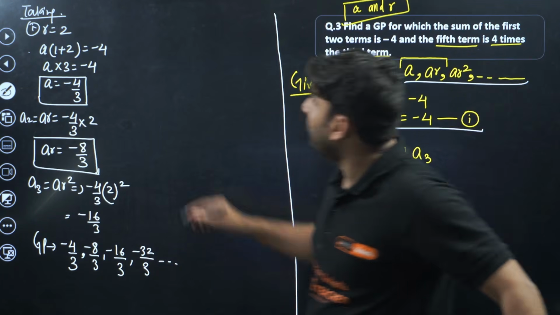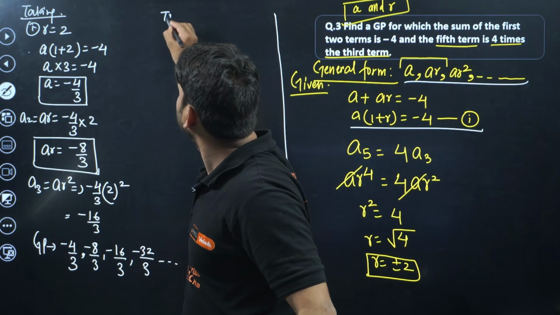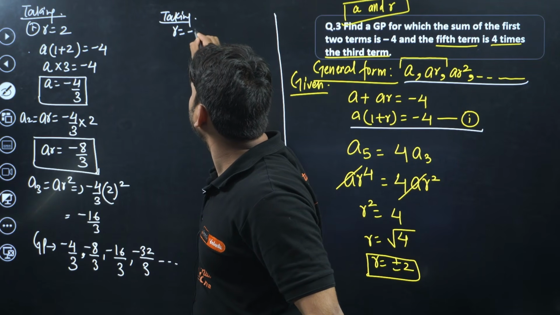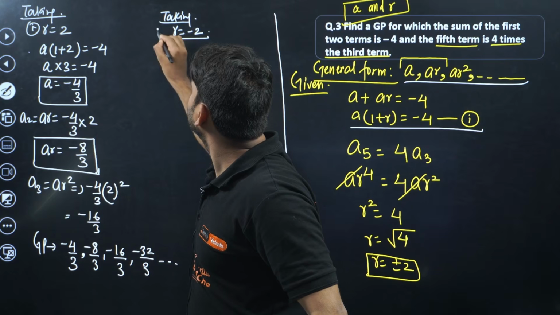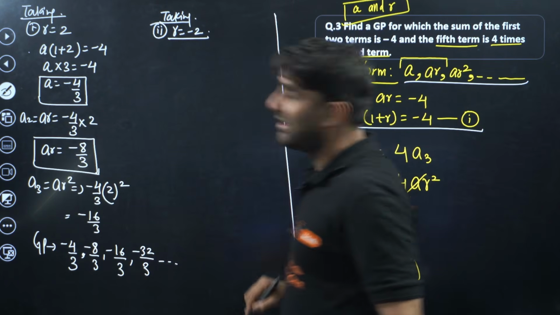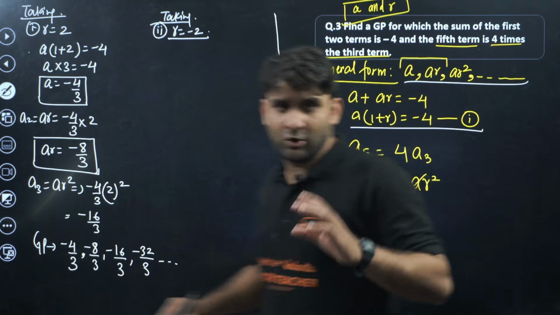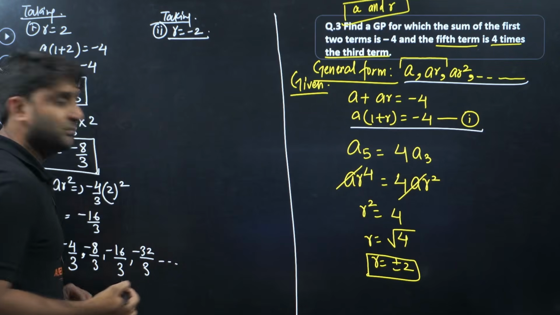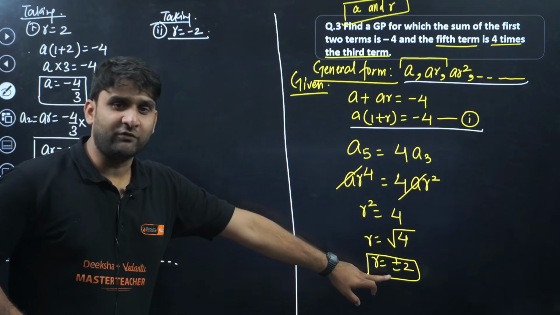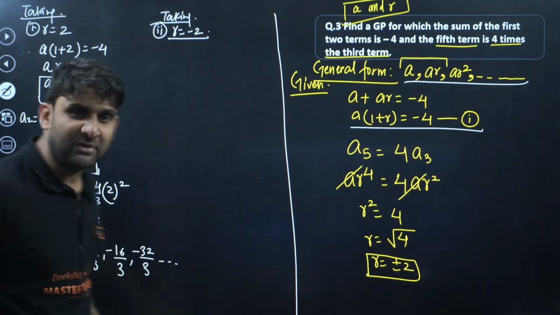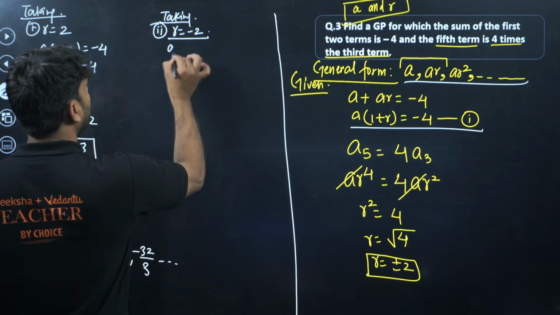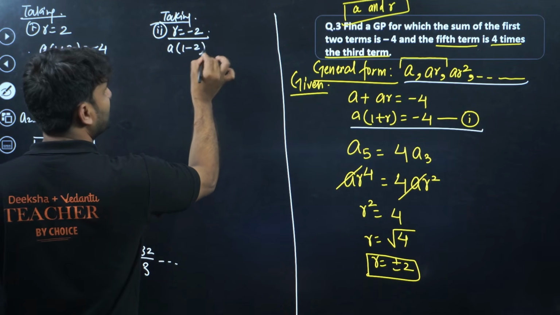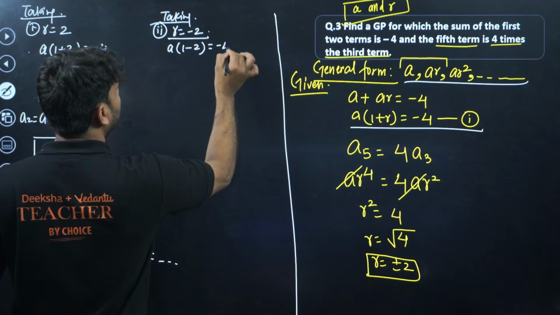But we have one more R. So taking R equal to minus 2. This is the second case. Now take R as minus 2. Use this format again because we are changing the value of R. So A into 1 plus R. R is negative, so 1 minus 2 is equal to minus 4.